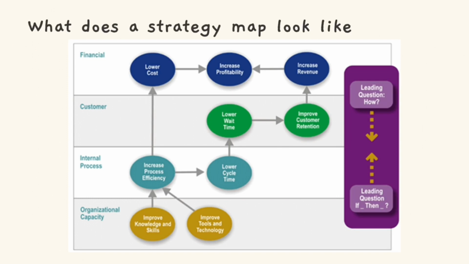By following the path of the arrows, you can see how the objectives in the lower perspectives drive success in the higher ones. The causal relationships are central to the idea of strategic planning and management with a balanced scorecard. This example is a simple teaching example, but a real map will look the same.